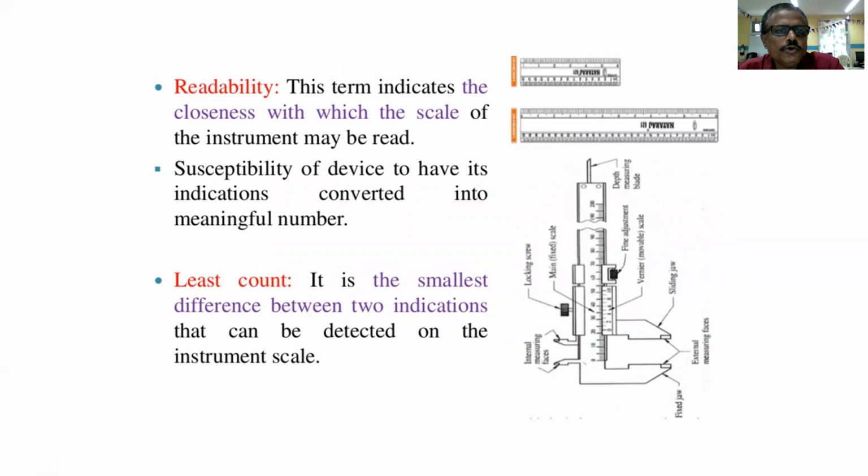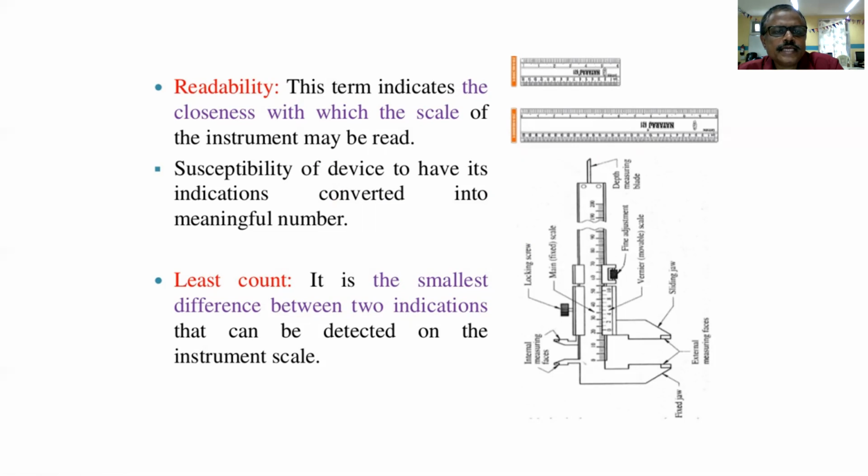Then you also need to understand terms like readability. Readability indicates, you can see this scale, this small scale. Readability is nothing but the closeness with which the scale of the instrument can be read. How closely it can be read is known as readability.